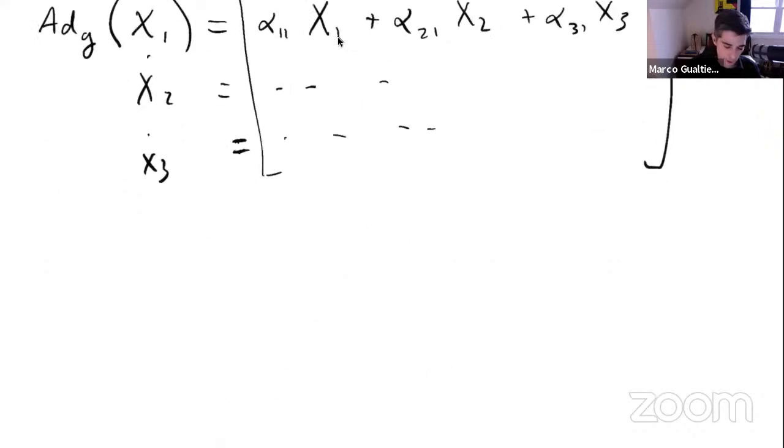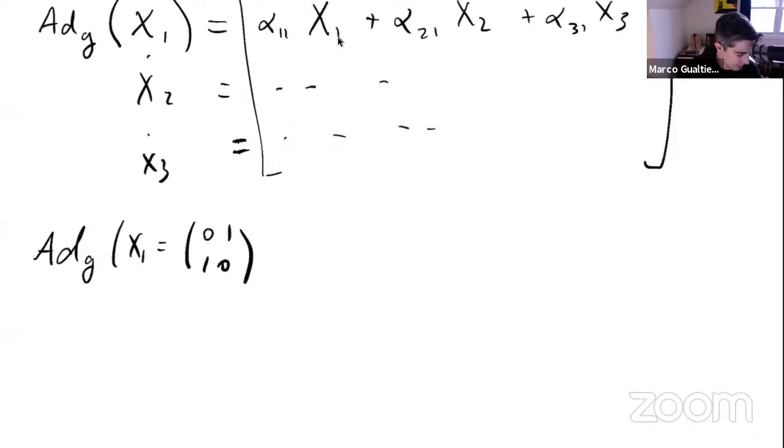So if we do this, Ad G of X1, where X1 is 0, 1, 1, 0. Oh, sorry, I'm switching to the Pauli spin matrices. This is self-adjoint, so this is sigma 1. It doesn't matter, I could rescale the basis. It won't make a difference.